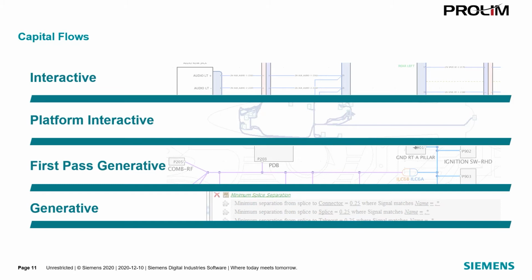In order for engineers to trust that the wiring designs the software is spitting out are correct, there's iterative processes there as well to make sure that those rules that have been written are correct and that the wiring designs themselves are correct because of that. So that's why there's those two flows, first pass generative and generative.